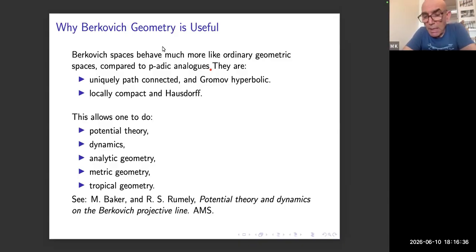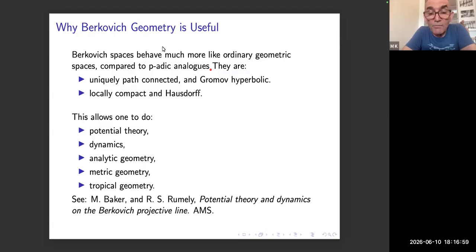If you do potential theory on the unit disk in the complex plane, there is a lot of beautiful theory there: the theory of Green functions, boundary value problems, a lot of beautiful stuff related to complex analysis in the unit disk.